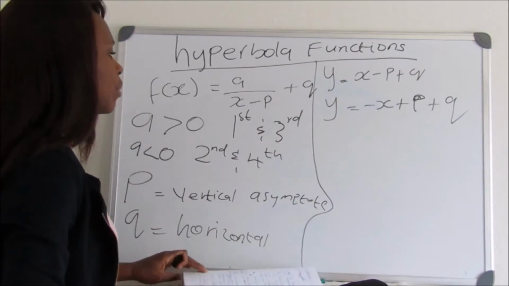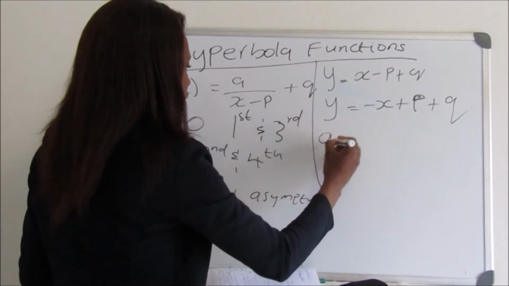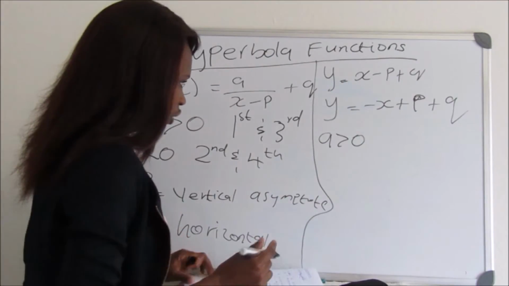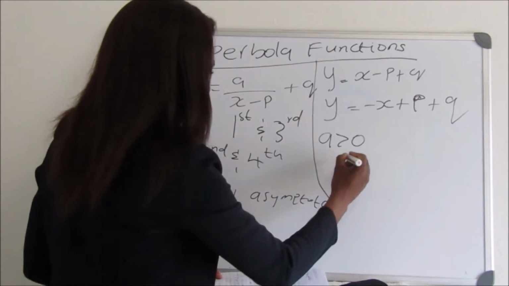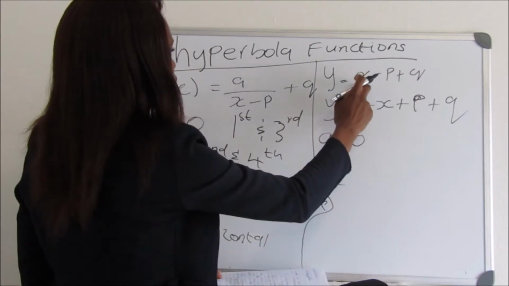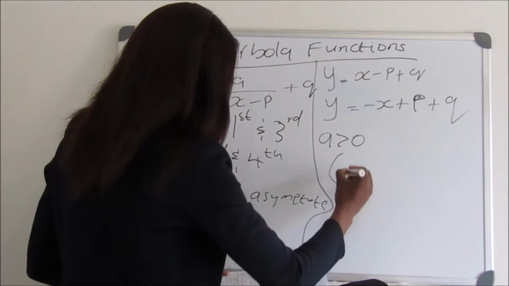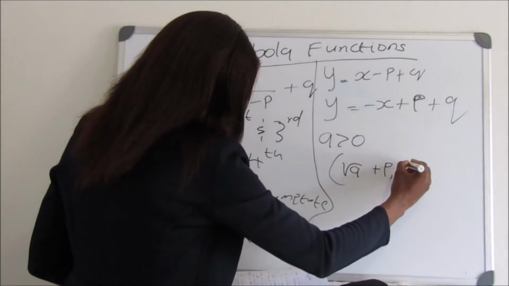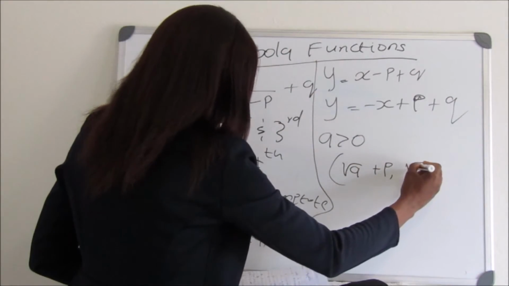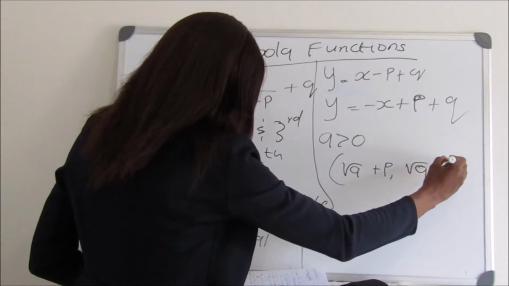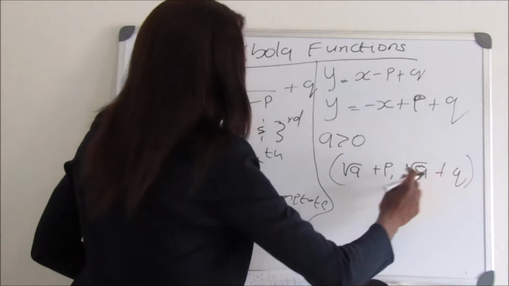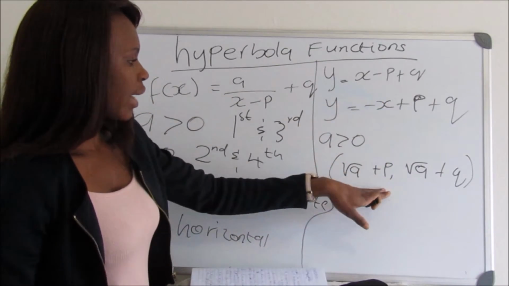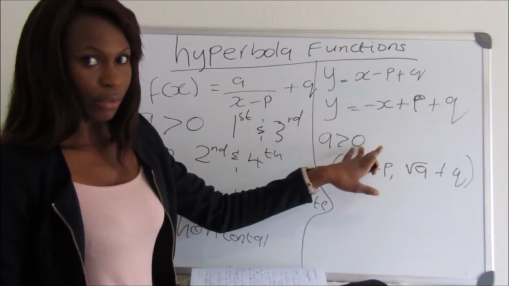With the axis of symmetry, if your a is greater than 0, then the point where the axis of symmetry meets the graph will be positive root a plus p for x, and positive root a plus q for y. This is the first coordinate if a is greater than 0.